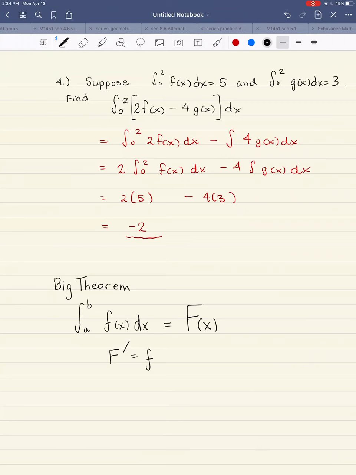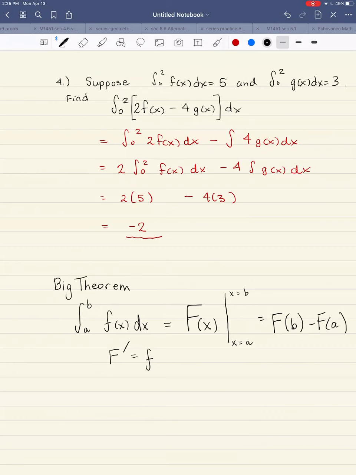Antiderivative means that the derivative of capital F gives you little f. Once you find the antiderivative, you replace the x with the numbers on the integral sign, and then that number gives you the value of the definite integral, where that interpretation of that value is that it's area under the curve, or we can even be more general.